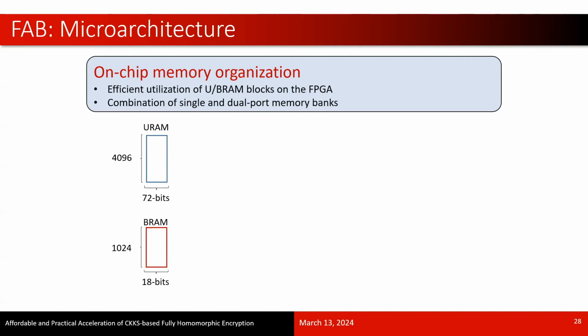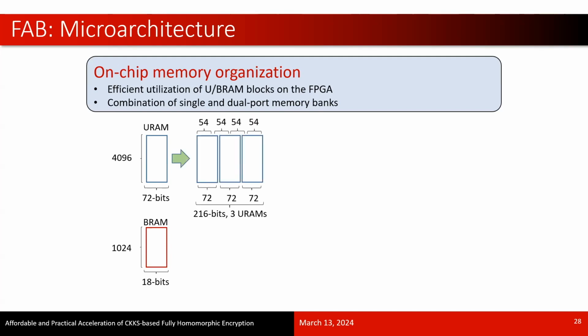As our limb bit width is 54 bits, as I was mentioning earlier, we combine 3 URAMs together to generate a 216-bit wide location, and then use it to store 4 54-bit coefficients in one location. And we arrange 64 such blocks in parallel to enable access of 256 coefficients at the same time. This is to match the input and output count of the functional units.